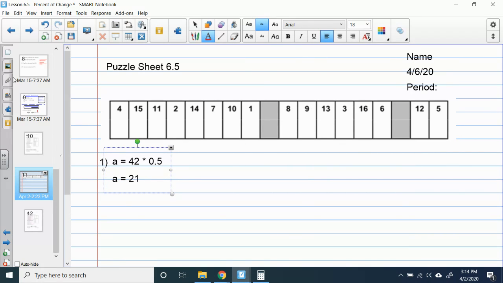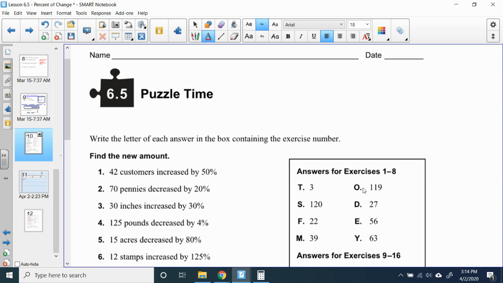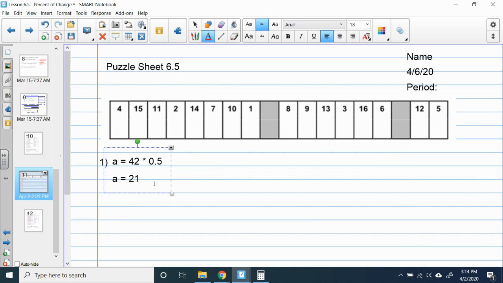Some of you would stop there and look for your answer of 21, and be like, uh-oh, it's not there. That's because you haven't done the second part of the problem yet. Since it's an increase, you have to add that 21 on to the original amount. So going back up here, I had 42 originally plus 21, and my total would be 63.